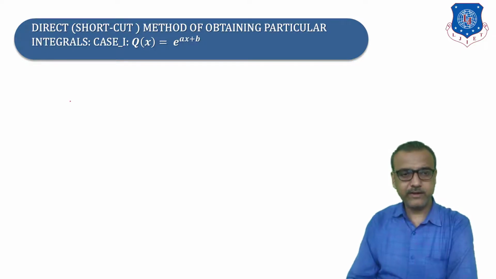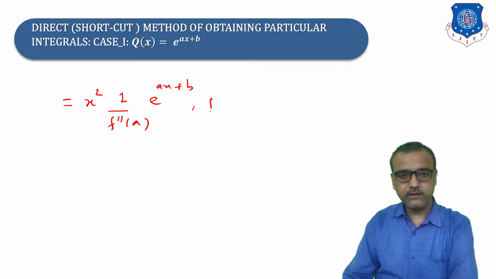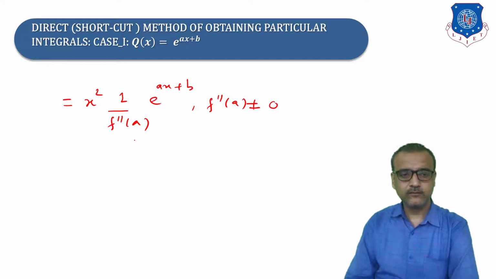So it becomes x square times 1 over f double dash a, times e raised to ax plus b, where f double dash a is not equal to 0. We repeat this process till we get a non-zero value in the denominator.